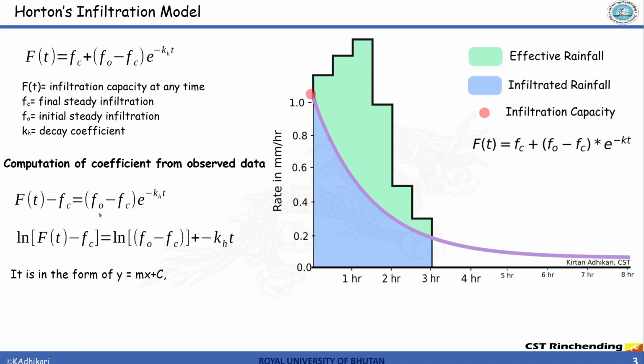For now, just understand that we have to take the logarithm on each side and then transform this equation into the form y equals mx plus c, where m is the slope, which is in fact the decay constant, and c is the y-intercept, or the infiltration rate intercept. With this, let's see the question.